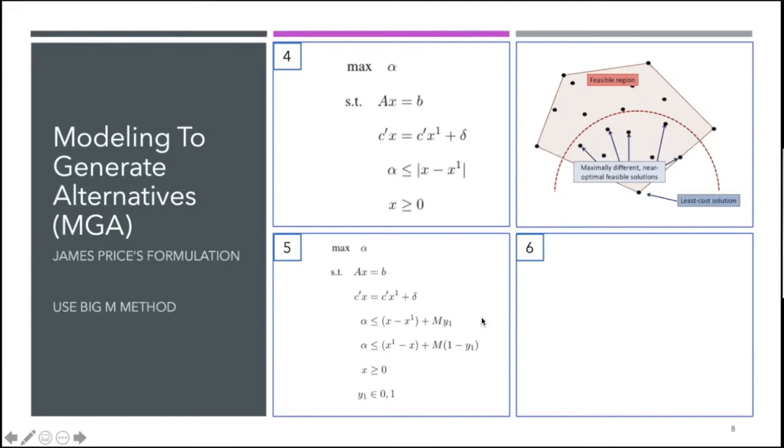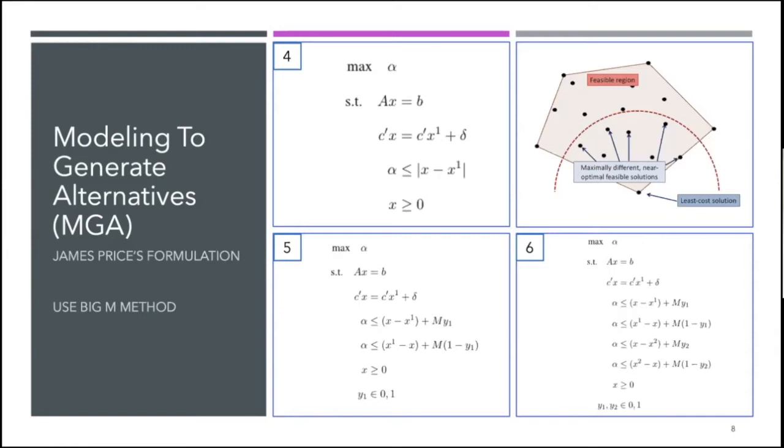So if we get a solution for this problem, then in the next iteration of MGA, we add 2 more constraints and 1 more binary variable. So we will add another binary variable here, and these will be 2 more constraints. The downside of this formulation, as you can see, is that whenever we have integer constraints or integer variables or binary variables in the problem, the real world formulation of this problem becomes too difficult to solve.